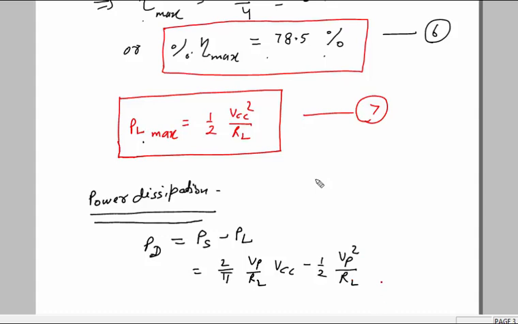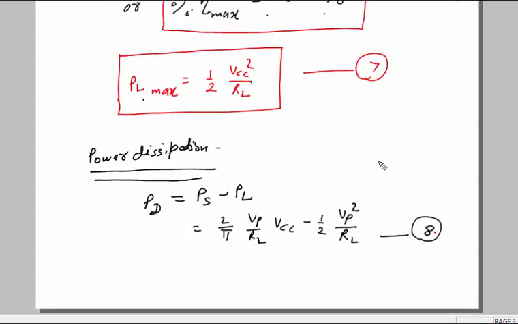Let's give this equation number 8. Now due to symmetry, half of this PD is dissipated in Q1, that is NPN, and the other half in QP, that is PNP. Thus Q1 and QP must be capable of safely dissipating half PD watts.